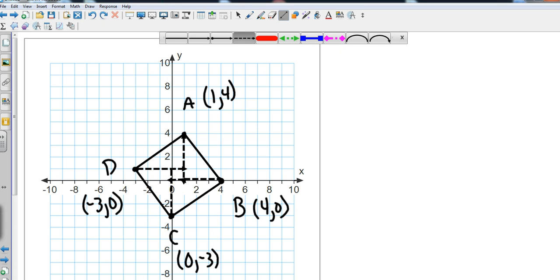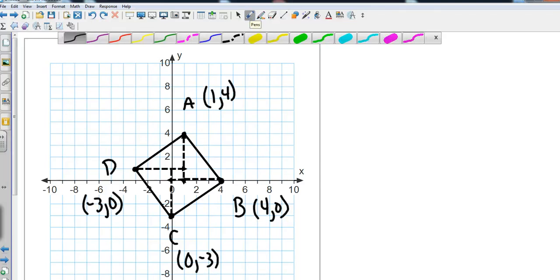Now, we're going to treat this quadrilateral, and while it looks like it is a square, we're going to treat it like we don't know it's a square, and we're going to find the area of each of those triangles. So let me show you the different ones that I have.